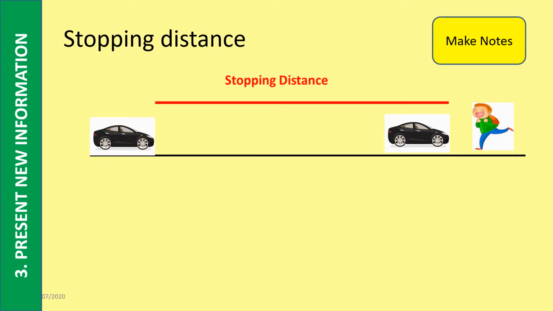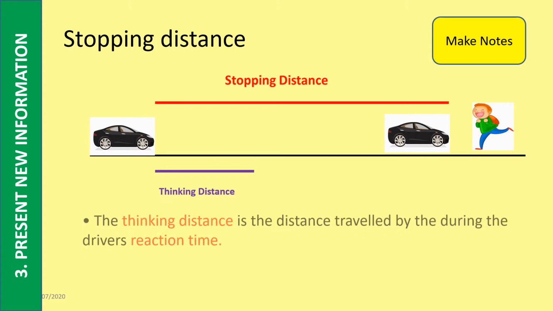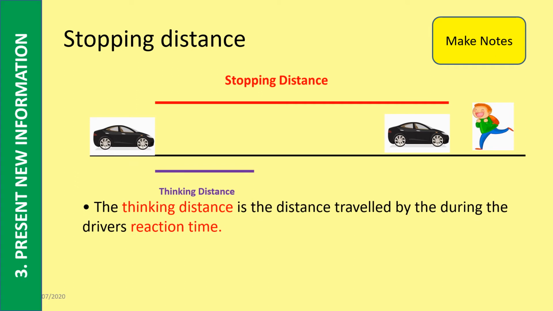So we can have a look at this idea of stopping distance in a little bit more detail here. When the driver spots an obstruction in the road, his response is not immediate. He has to think about it and decide what action he's going to take. All the time he's thinking, the vehicle continues to move, and that distance that the car covers is called the thinking distance.